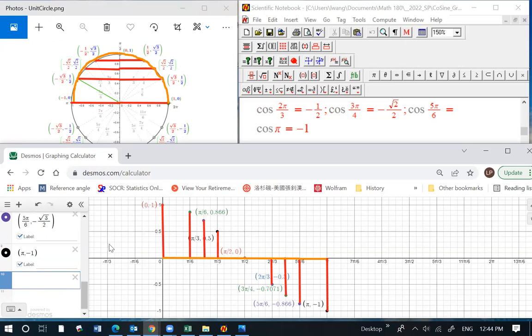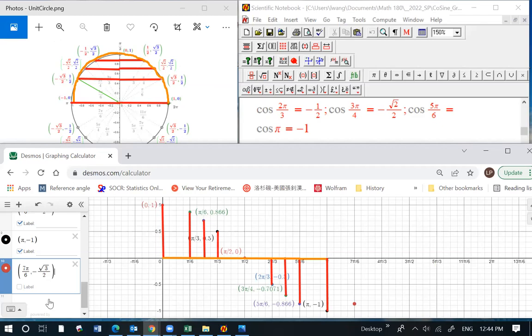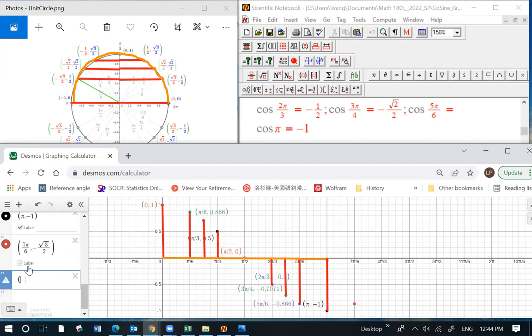So 7 pi over 6, comma, negative square root of 3 over 2. And now you see that red dot, right? And marking that point over here, we can label it.